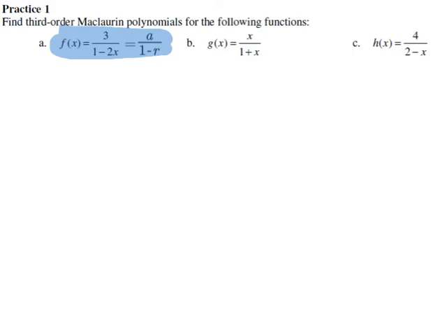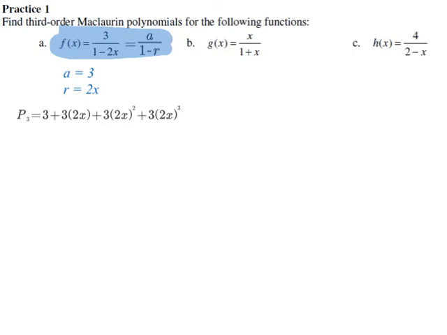Okay, so starting with this first one, if I have a on top and it's 1 minus r, then in this case a is 3. Okay, and then if I put that together with a being the first term and r being the ratio between terms, my third degree Taylor polynomial would come from this. I'd take my 3 for my first term, and then for my second term I'd multiply that 3 by 2x.